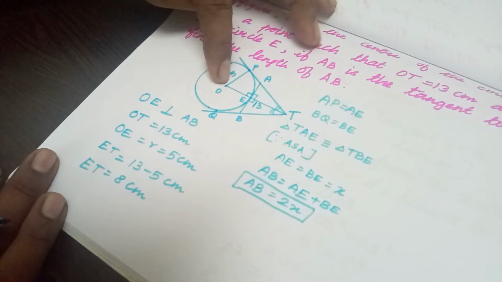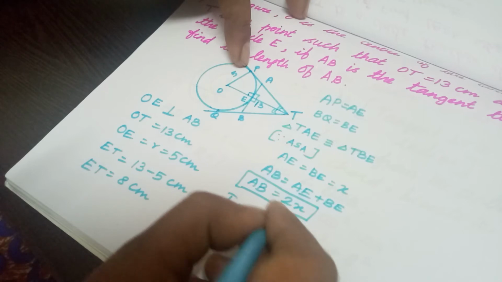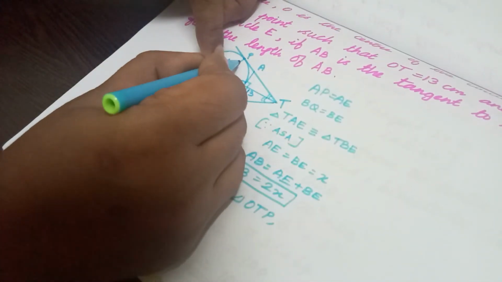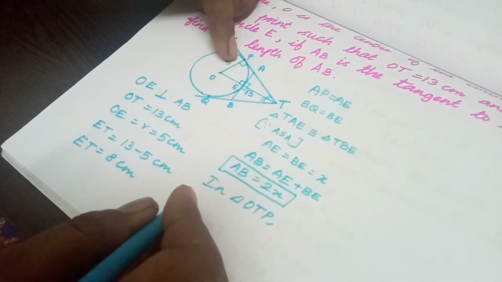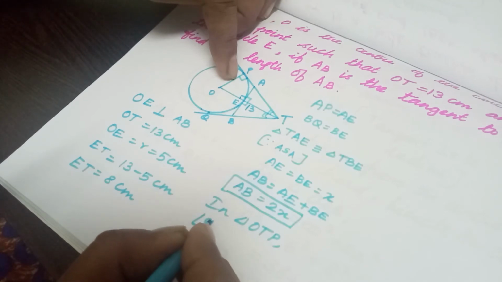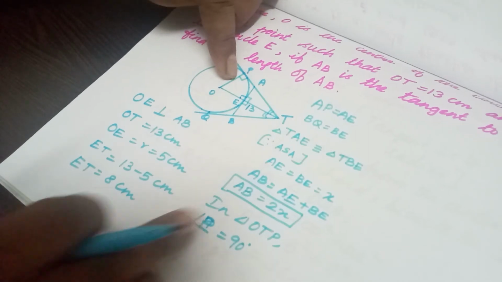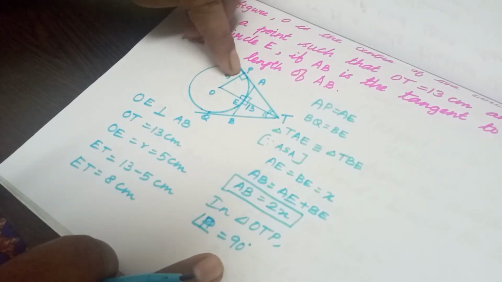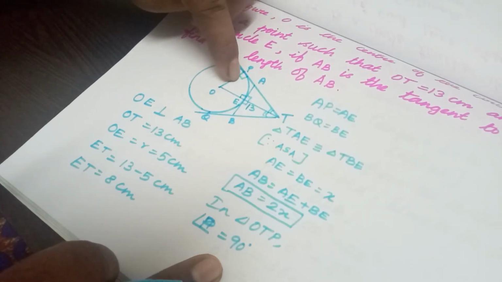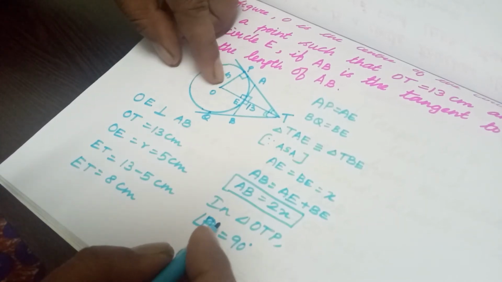Then in triangle OTP, we have a right angle here. That is, angle P is 90 degree. In this triangle, angle P is 90 degree because this is a radius and this is a tangent. At the point of contact, they are perpendicular to each other. So we can use Pythagoras theorem.